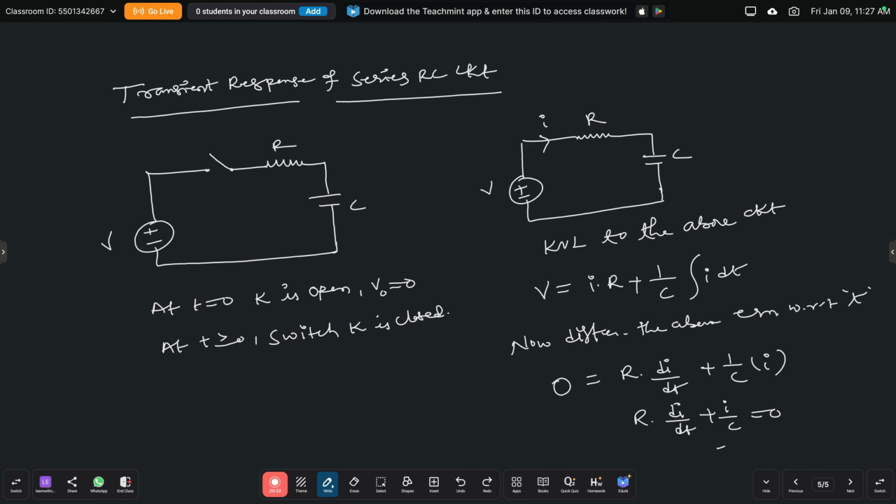For this equation we divide by R on both sides.